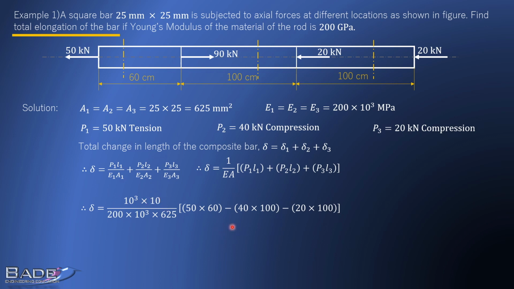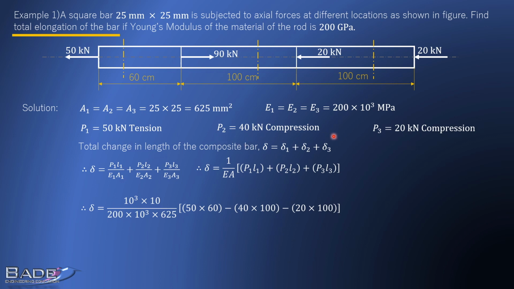One more very important thing. I have used a negative sign here. Try to understand. The first part is experiencing tension, 50 kilonewton tension. Tension causes elongation, so there is an increase in length. Delta 1 is positive. But delta 2 and delta 3 are negative. That is a reduction in length.